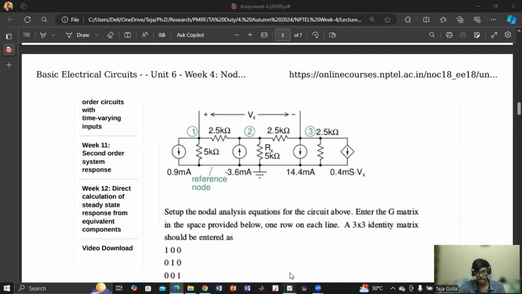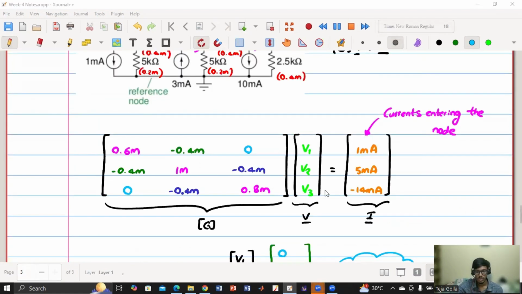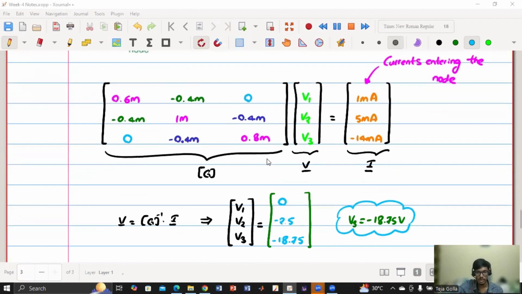So is this clear until this point, how to get this matrix if it consists of only resistors and current sources? Now we are slowly going into some border cases where it is not so straightforward. Any doubts till this point for this first problem? Do you have any more queries, like how to get this matrix?